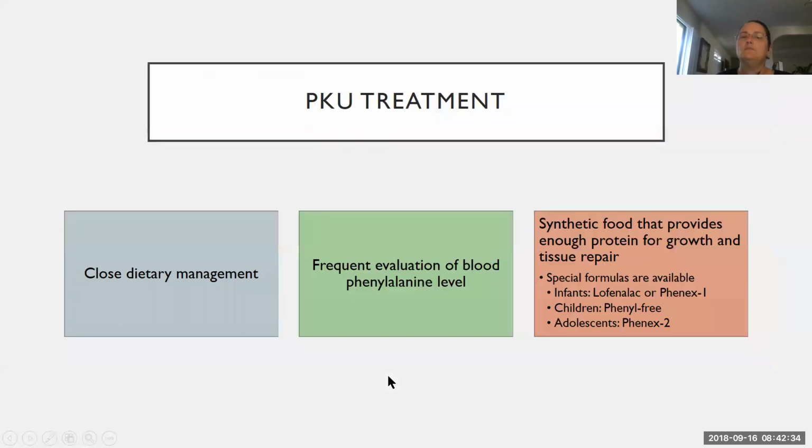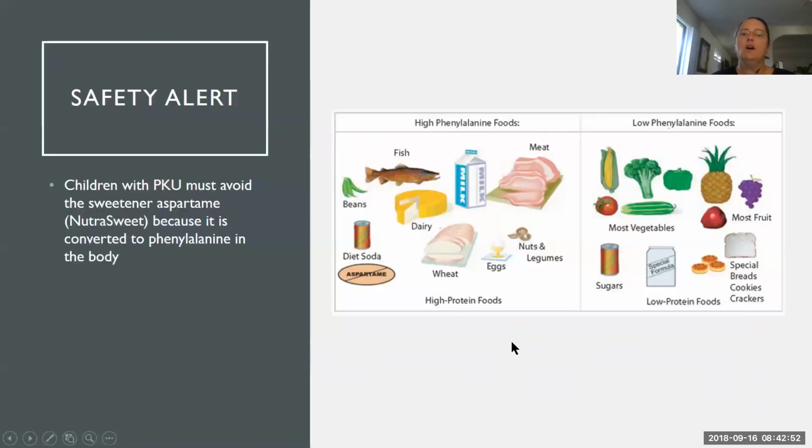So treatment is close dietary management. We want frequent evaluation of the blood levels, and there will be some specific foods and formulas made for this baby that has been found to have PKU. So here are high phenylalanine foods. It's all the foods we typically tell parents to feed their children, and these are low phenylalanine foods.